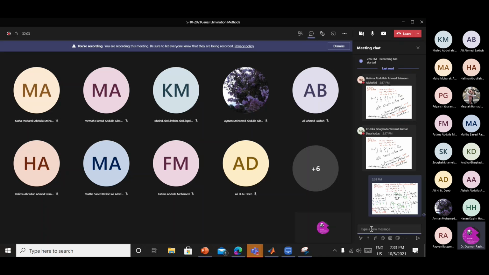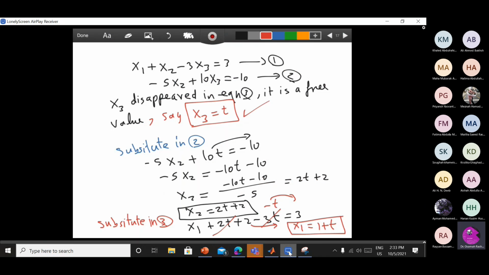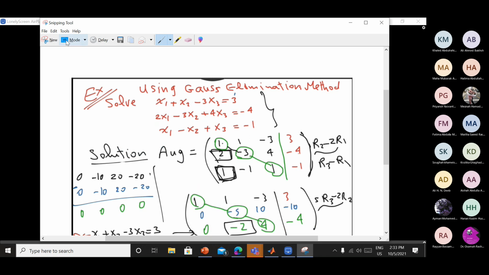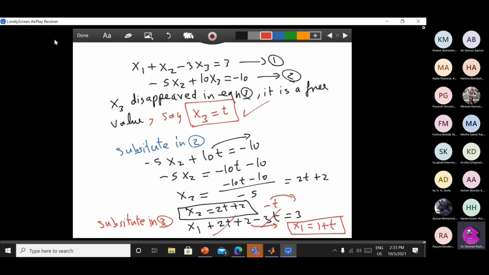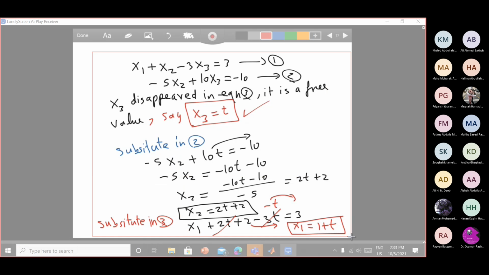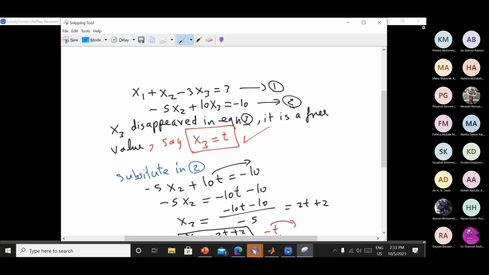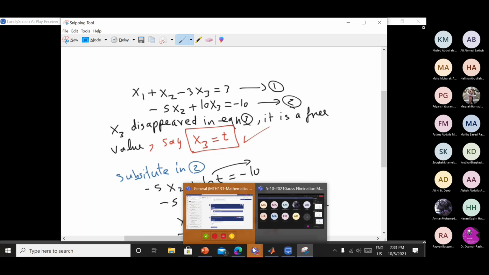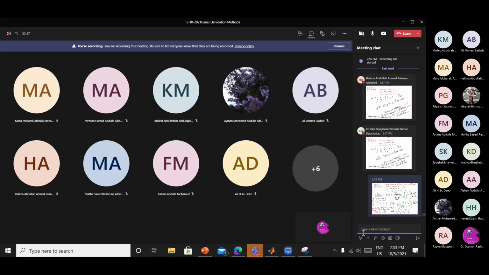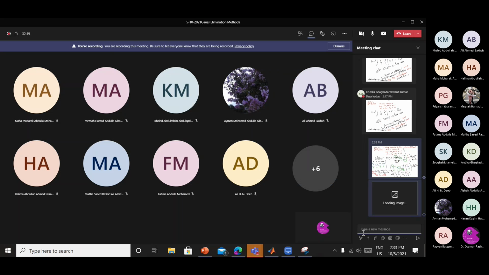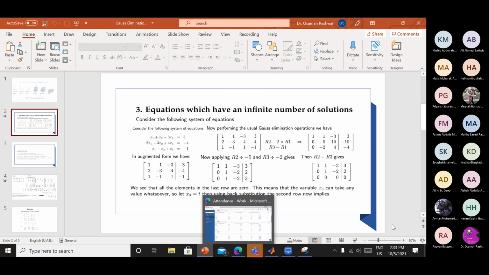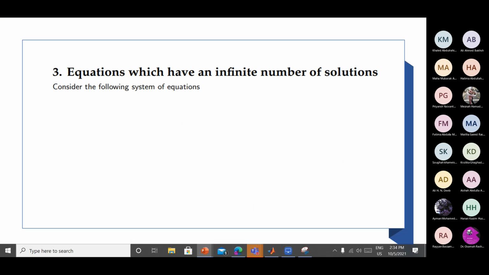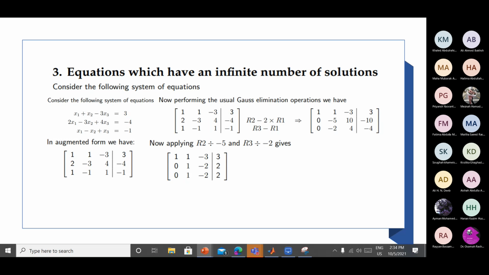Let's go for the second page. Now we know this is the solution in the presentation.